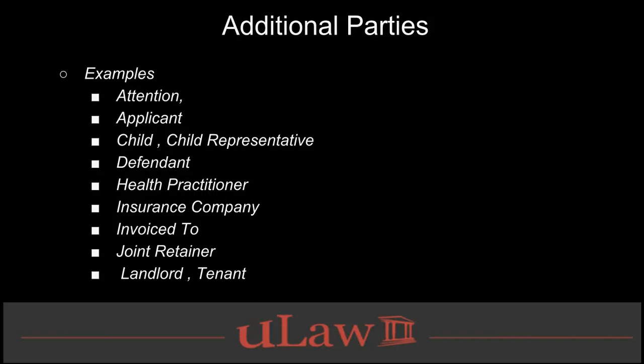Okay, so if it's a small claims matter where you have a plaintiff and a defendant, or maybe multiple defendants, or the situation of a landlord and a tenant, and again you could have multiples as well, or if it's a family matter where you have an applicant, you could have additional individuals involved in that divorce matter. You could have a child. The child may have his or her own legal representative. So there are many different parties involved in a particular matter.